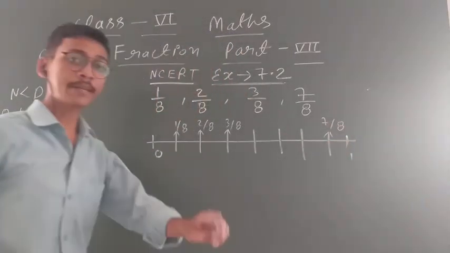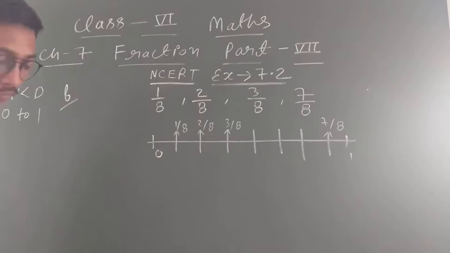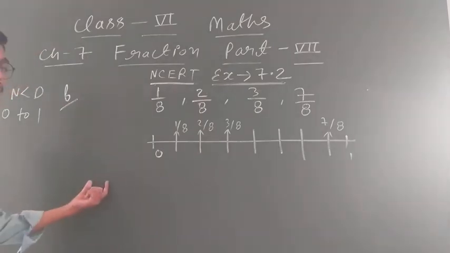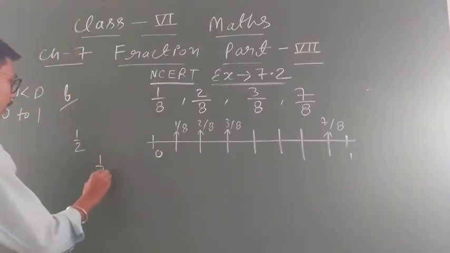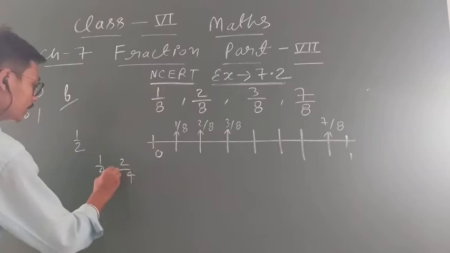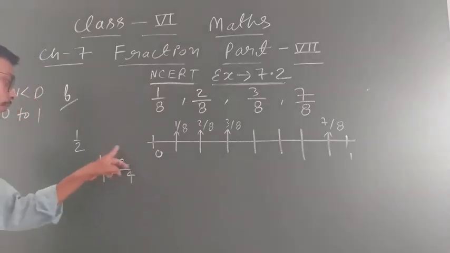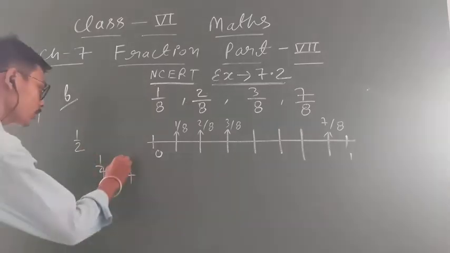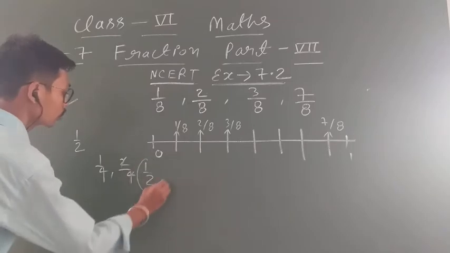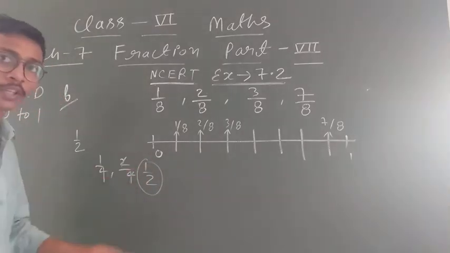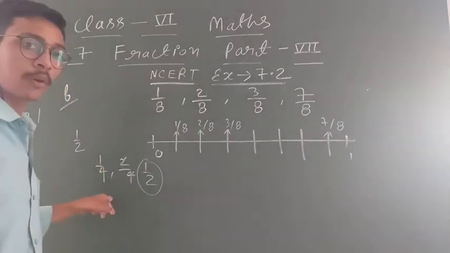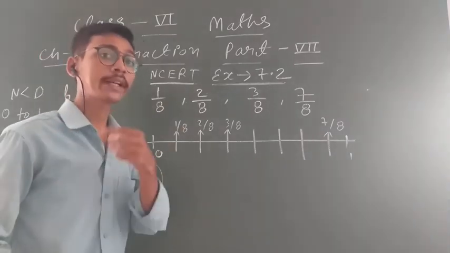Okay student, in the previous question it was given 1 upon 2. So some students will get confused, because when you make the number line it will come as 1 upon 4 and 2 upon 4. In your book it is given 2 upon 4, so when you mark the number line, the first is 1 upon 4, the second is 2 upon 4. 2 upon 4 means what?